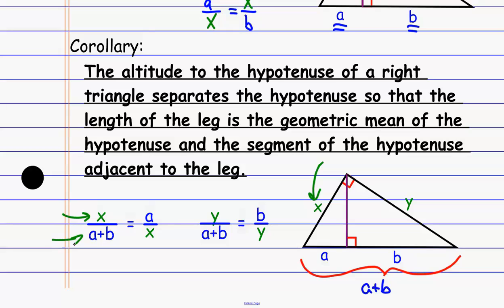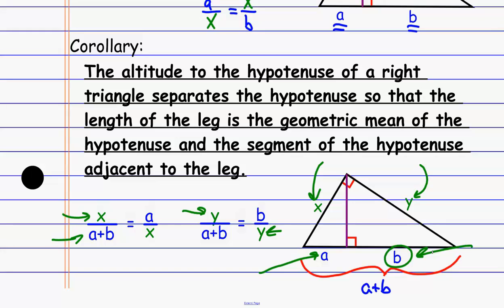And then the piece that I compare it to is the piece that's touching that side. So I use a this time, so it compares to a over x. Then doing the same thing on the other side, if I use y here as the geometric mean, notice the y's are across from one another. I do the ratio of y to the hypotenuse, and the ratio of this piece down here, because that's the one that's touching this leg, to that leg.